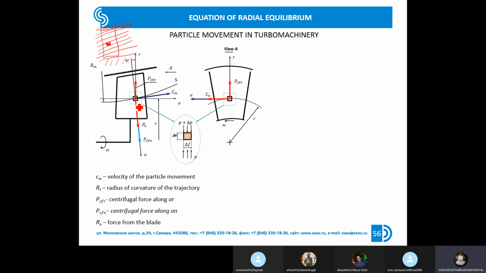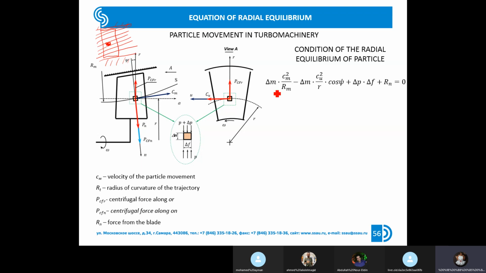And that's why we finally write the sum of the forces which act on the random particle along the radius.